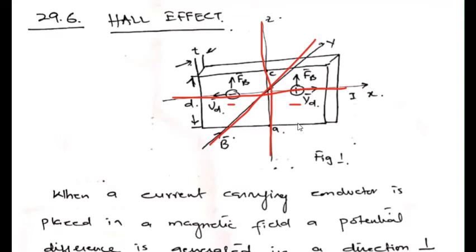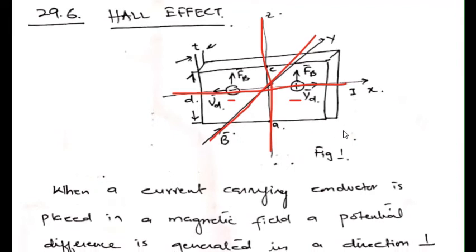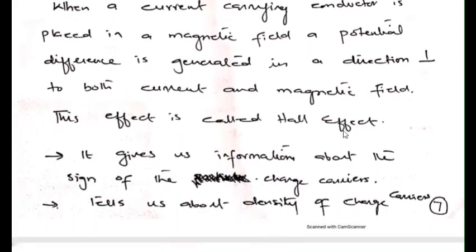In n-type semiconductors the majority charge carriers are electrons, and in p-type semiconductors the majority charge carriers are positive ions or holes. So the Hall effect tells us about these negative and positive charge carriers, and is mostly helpful in semiconductor devices and physics.